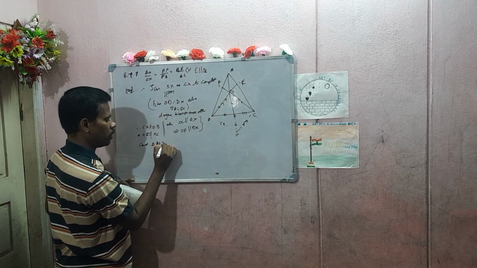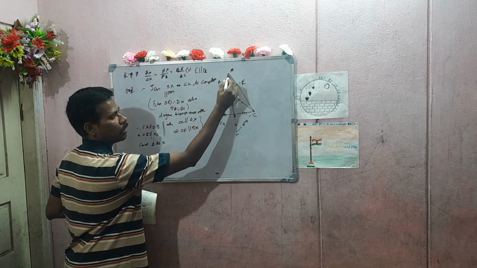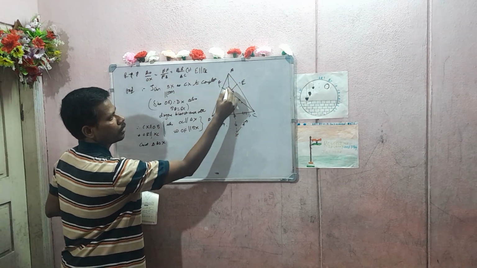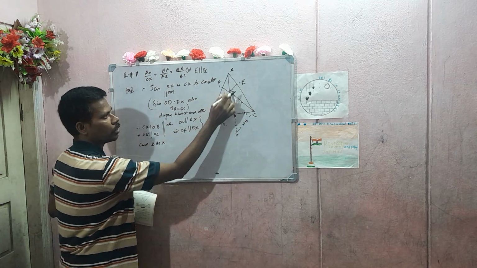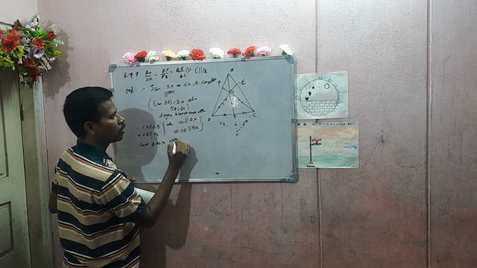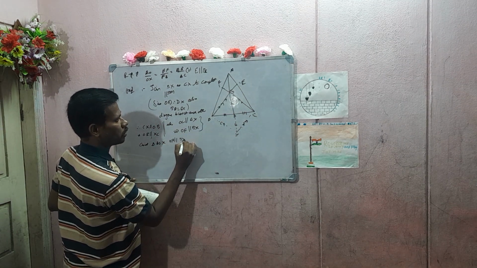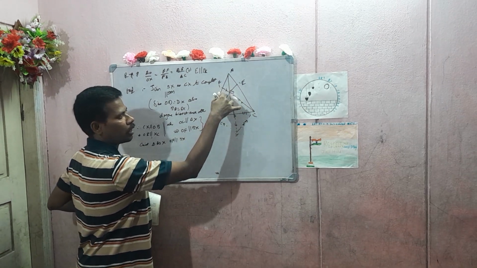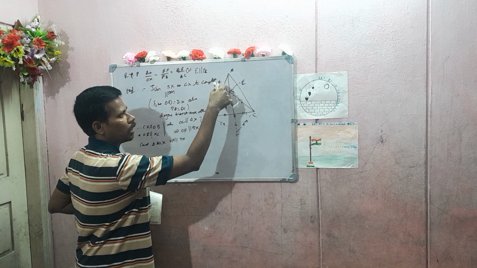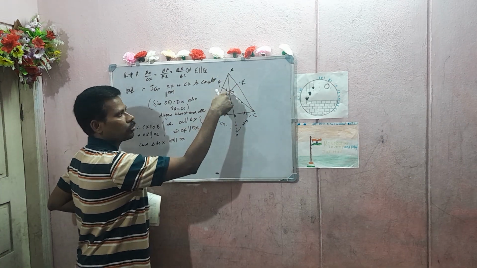Consider triangle ABX. Very important, this part. Now what is given? OF is parallel to BX. Apply BPT: if a line is drawn parallel to one side of a triangle, then this line divides the other two sides in the same ratio.